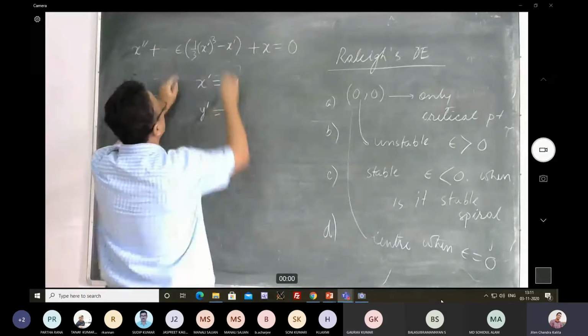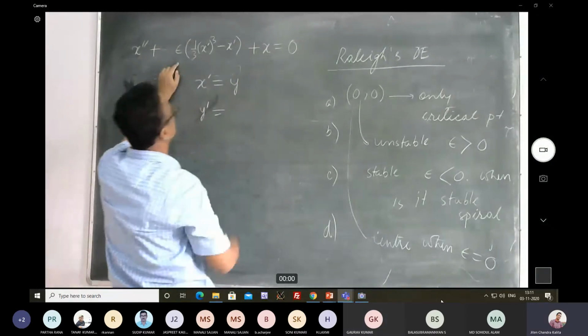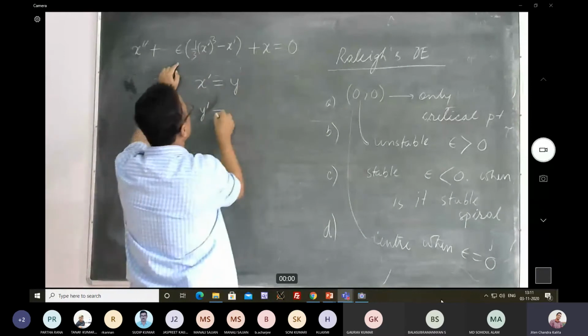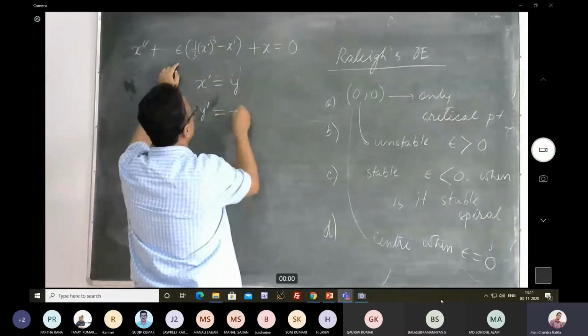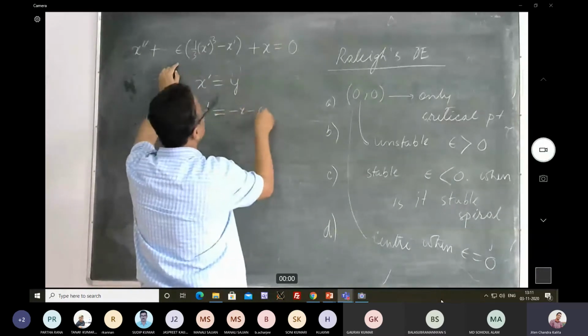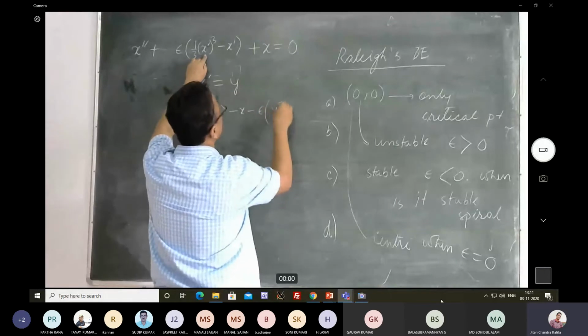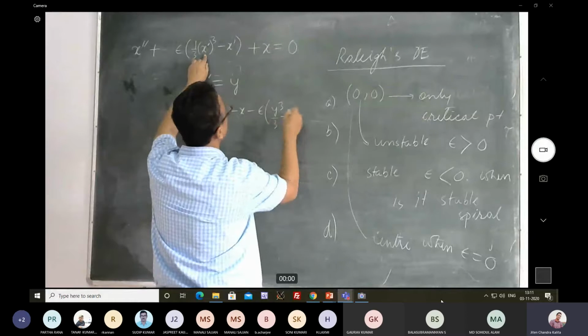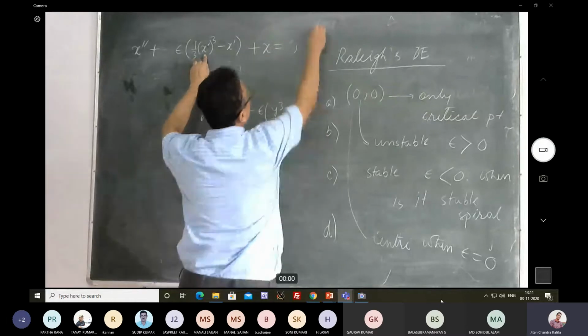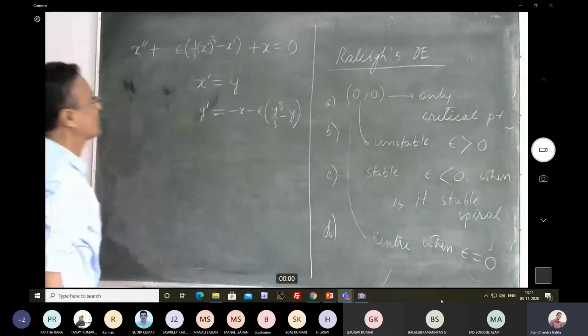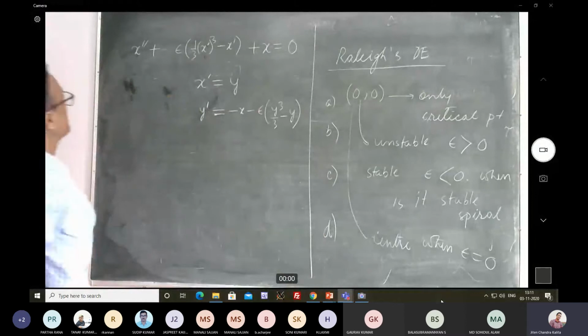For the other term, if I transpose it to the right hand side, it gives me minus x minus epsilon times (y cubed by 3 minus y). Okay, fine.